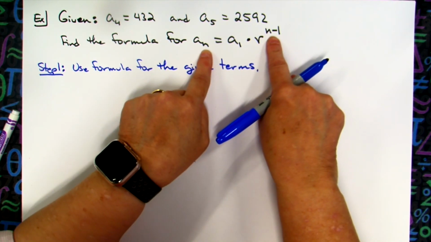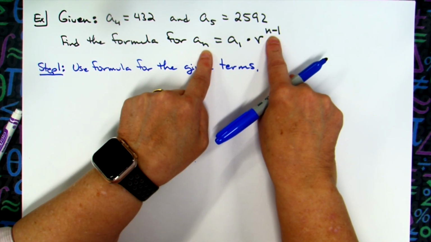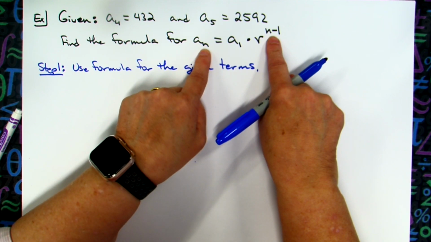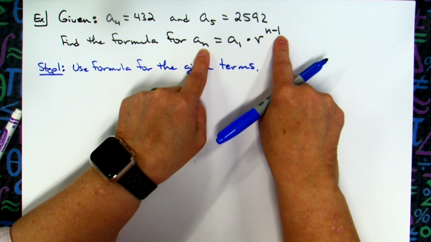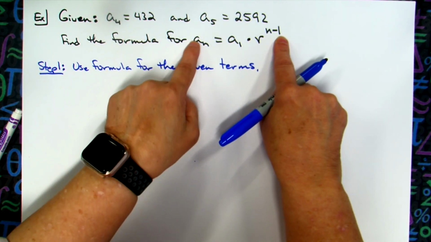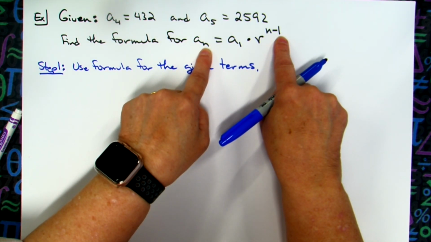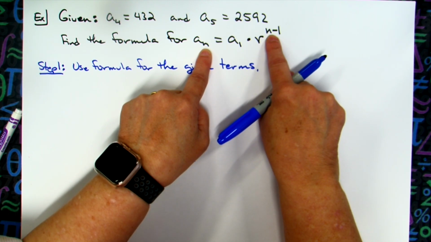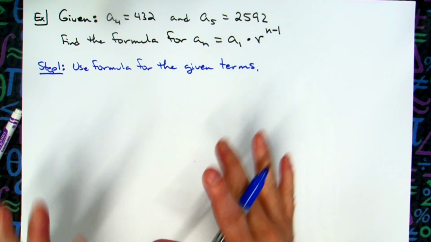Notice in this part of the formula, because I want you to conceptually understand this, if this says a sub 1 or a sub n, and then up here I have an n minus 1, if I put a sub 4 right here, that means n is 4. So up here, what exponent would I have? 3, n minus 1. Okay, so that's the connection here.